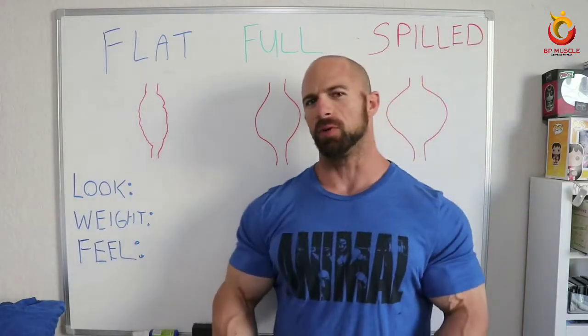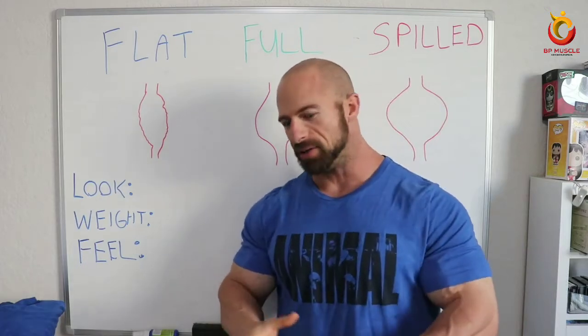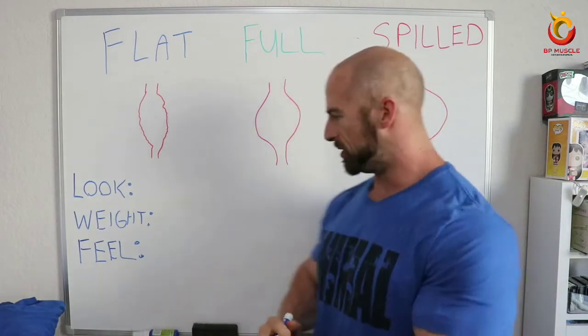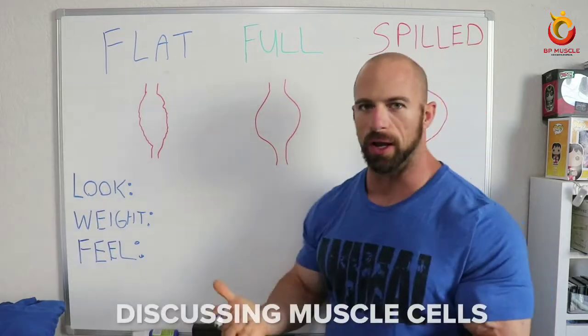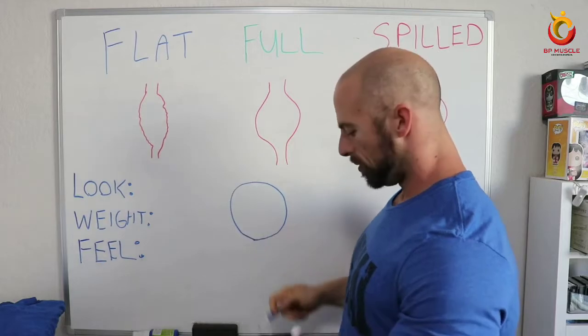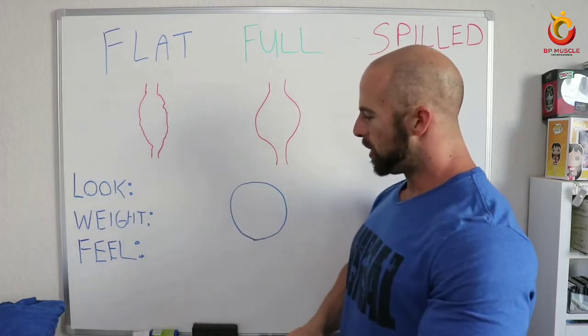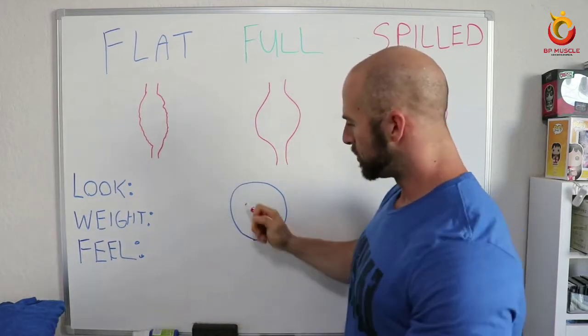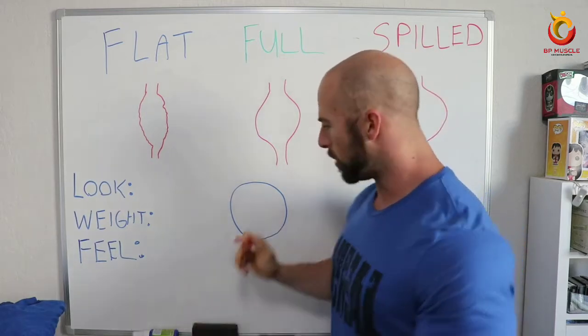The components we're talking about get down to the cellular level, and in this case we're talking about a muscle cell. Our muscle cell will be comprised of some glycogen, which is a stored form of carbohydrate.